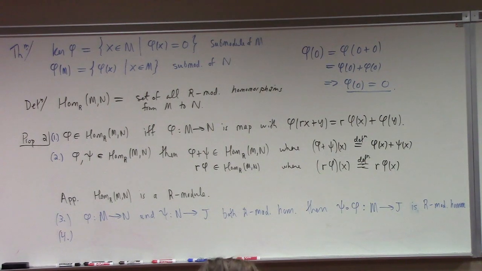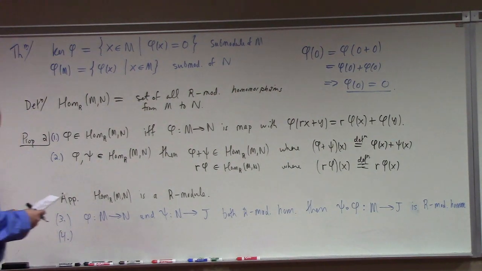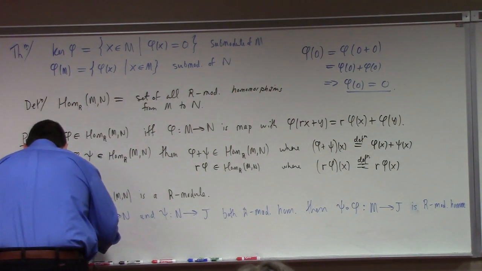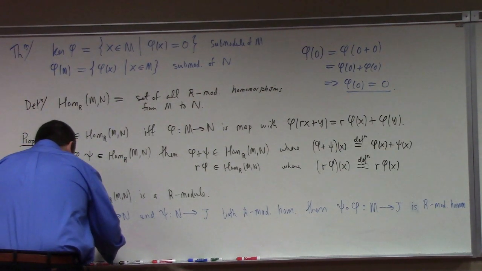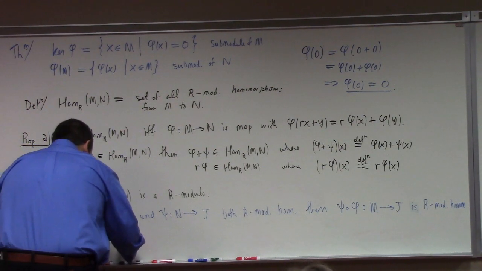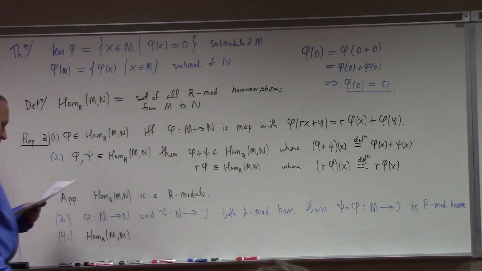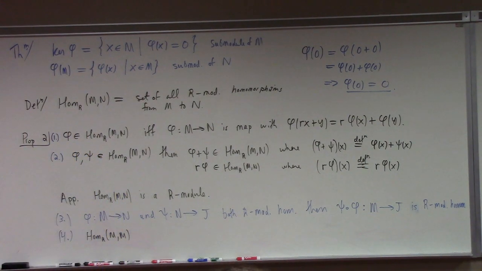And then 4 concerns maps from a module to itself. Sometimes those would be called endomorphisms. So here, I talk about Hom_R(M, M). With the addition and multiplication given as function composition, he points out that this forms an R algebra. What does that mean?